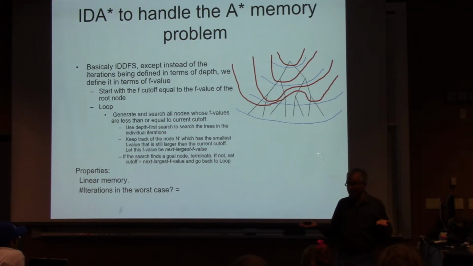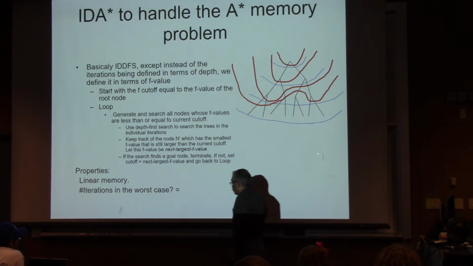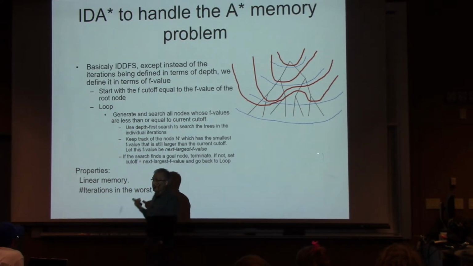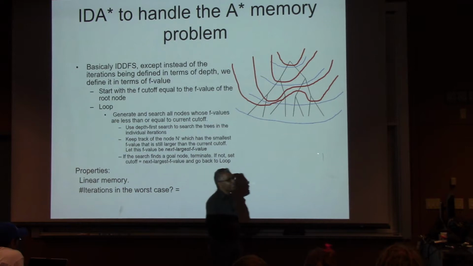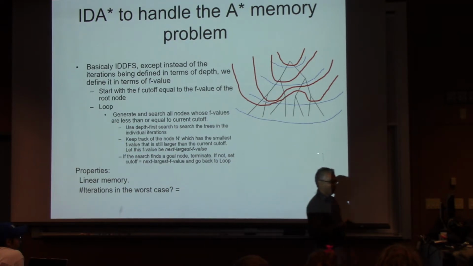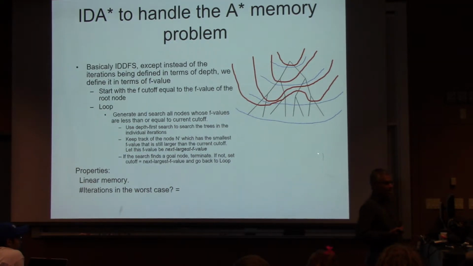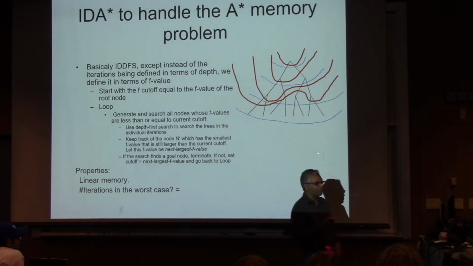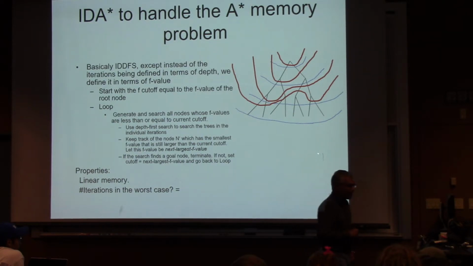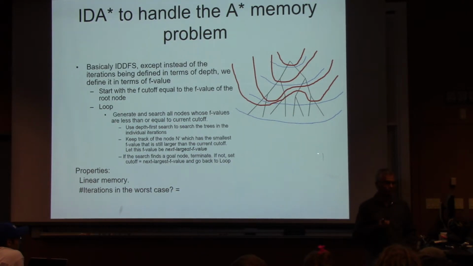Do you see what I'm saying? Which means the worst case scenario is for every node to have a unique F value. If every node has a unique F value, IDA star is the dumbest idea on the planet. It will take very little memory, but on the other hand, you will never get that.